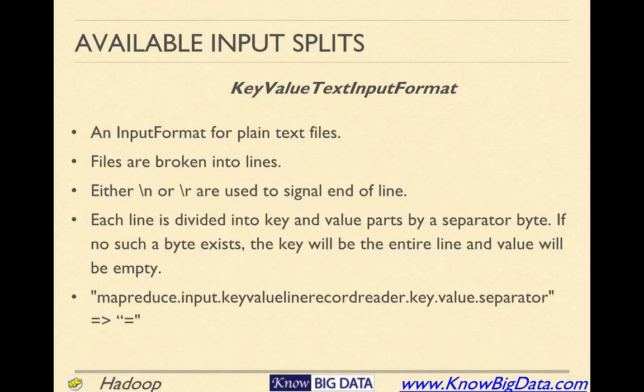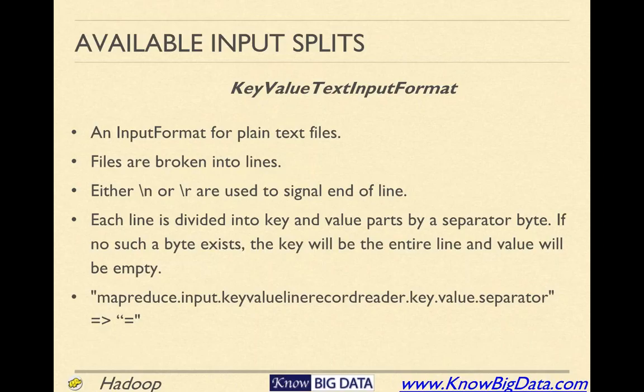Next is the key value text input format. In this case, Biswa, we will have two kinds of separator. One is the separator which separates one record from another record, and the other separator separates key from the value. By default, the separator is equals. So in key value format, each record is considered made up of key and value.